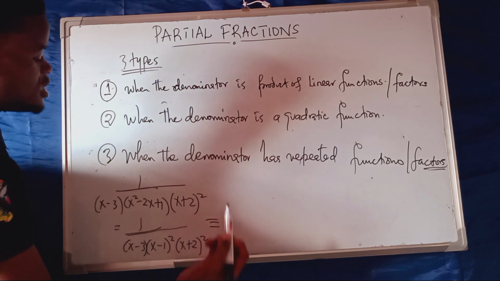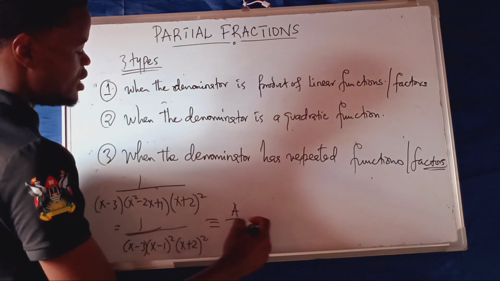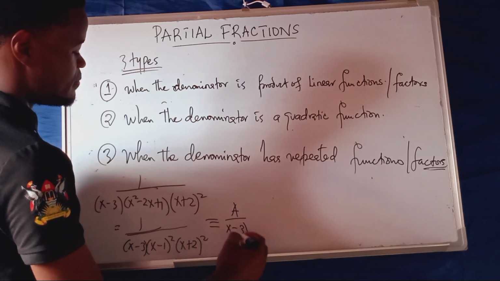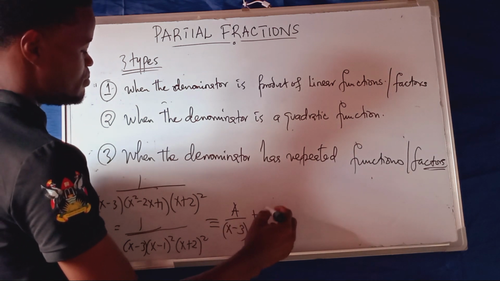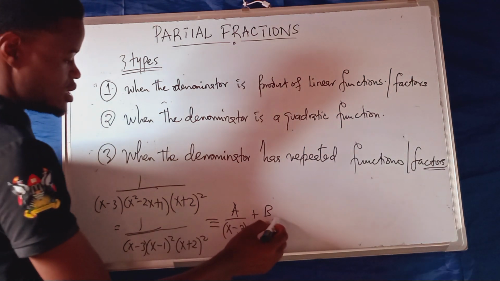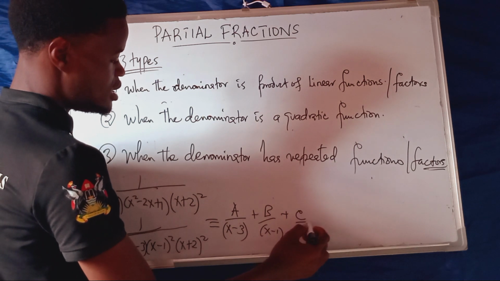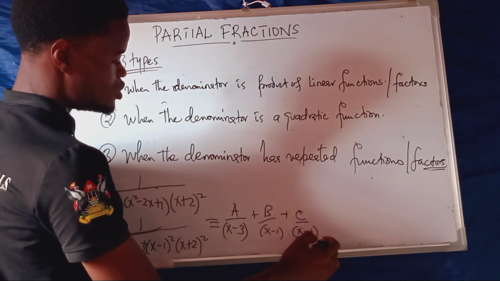So if we split this into fractions, we shall have a out of x minus 3, then plus b out of x minus 1, plus c out of x minus 1 squared.